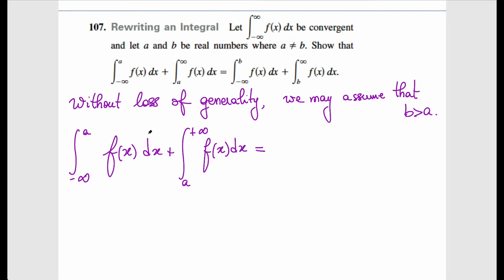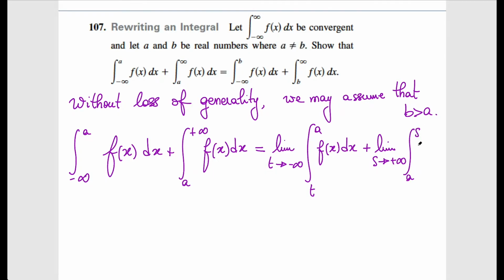What this means, according to the definition that we just read, part C of the previous definition, is this: the limit as t goes to minus infinity of the integral from t to a of f of x dx, plus the limit as, let's call it s, goes to plus infinity of this integral, a to s of f of x dx.